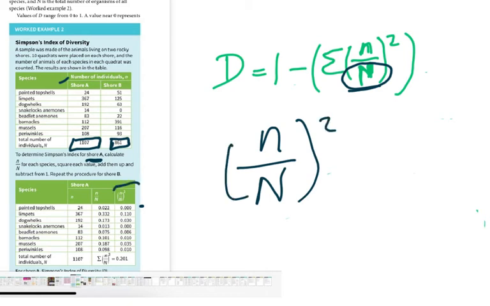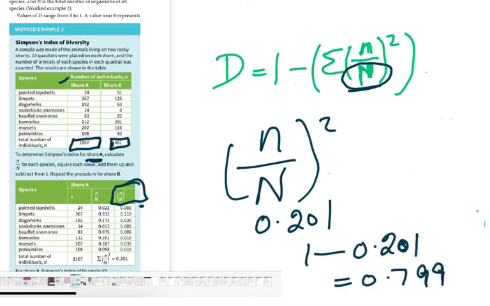Now these are all these values. And you added all of them, and this is equal to 0.201. You have to realize you have to minus this. So 1 minus 0.201 is equal to 0.799. Now this of course means, because it's more towards the one side, it's 0.8 we could say.